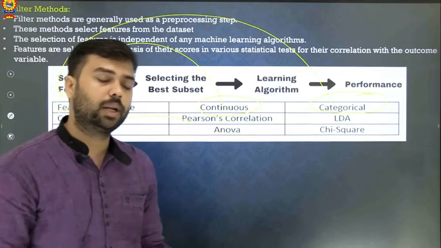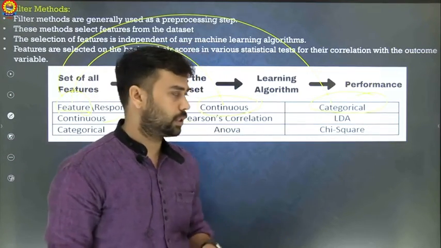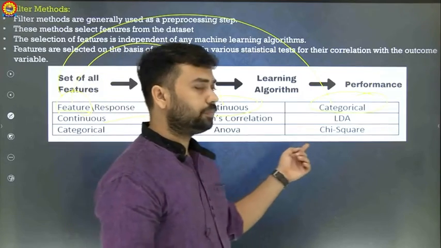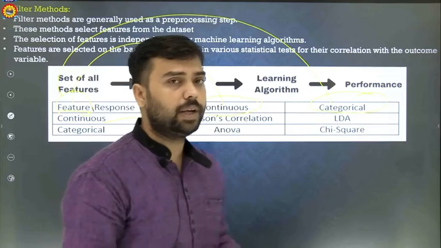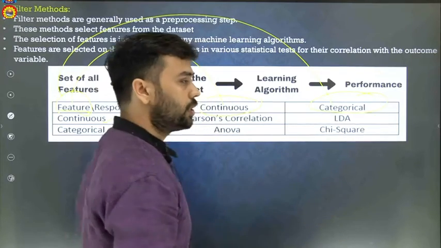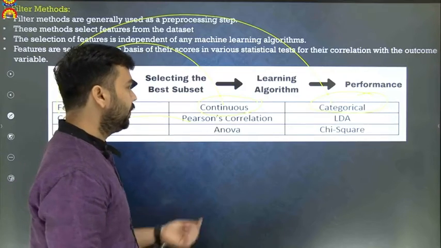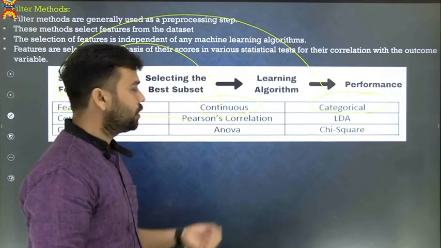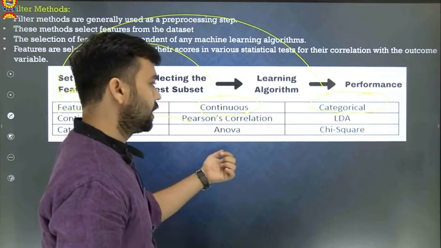Pearson correlation is a method applied on continuous features. LDA is another method which applies on categorical features and generates a continuous response. ANOVA is another method which is applied on continuous features and generates a categorical response.